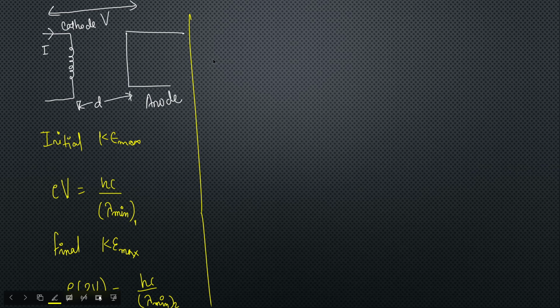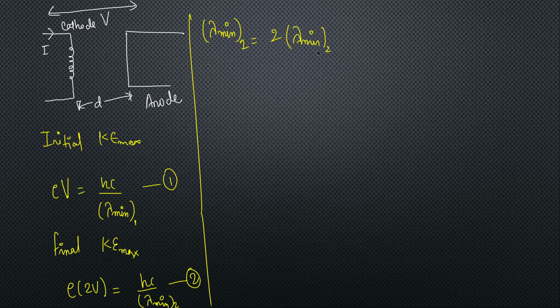Now if I divide the first equation by the second, I get lambda minimum 1 is twice lambda minimum 2. So which option is correct?